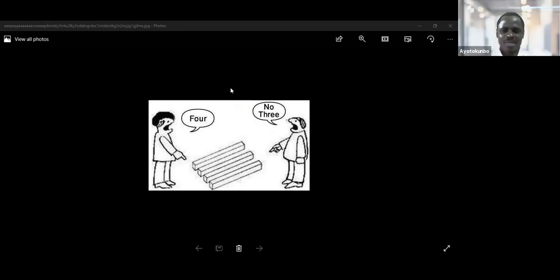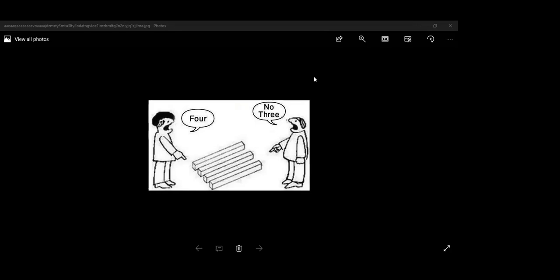That's fantastic. Okay, may I know your point of view, Daniel? Yeah, I think as Chido has said, it depends on the angle at which you are looking at an object. The angle might give different perspectives.